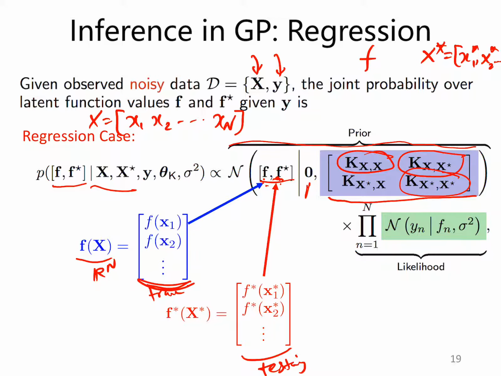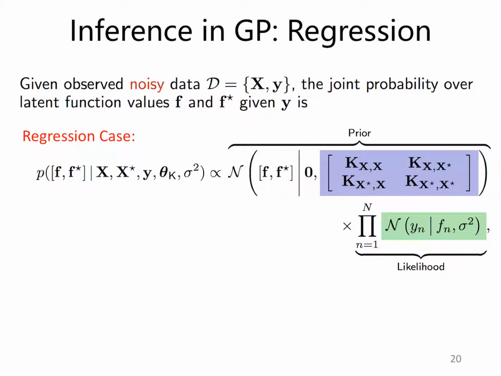So what do I have in the likelihood? It's basically my noise model, right? So if my noise is, for example, a spherical variance with a variance of sigma squared, this is another Gaussian distribution, with the mean, which is the mean of my training data, and with a variance which is sigma I, right?